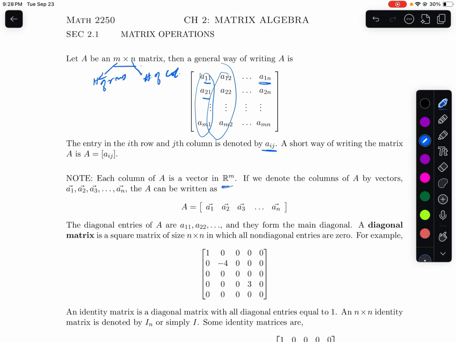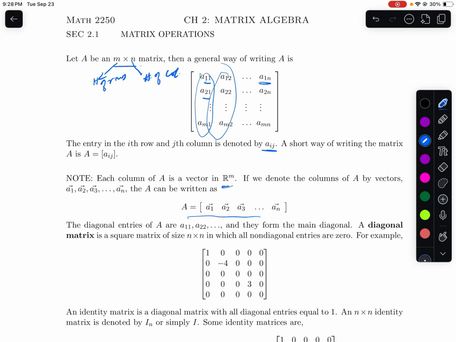Now note that each column of A is a vector in R^m, because there are m entries in each column. If we denote the columns of A by vectors a1, a2, a3 and so on, then A can be written like this. We have seen this before in chapter 1.